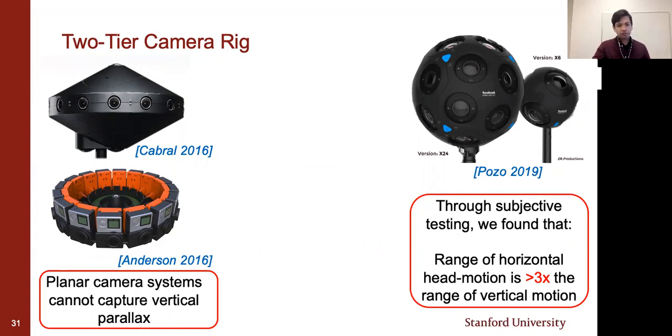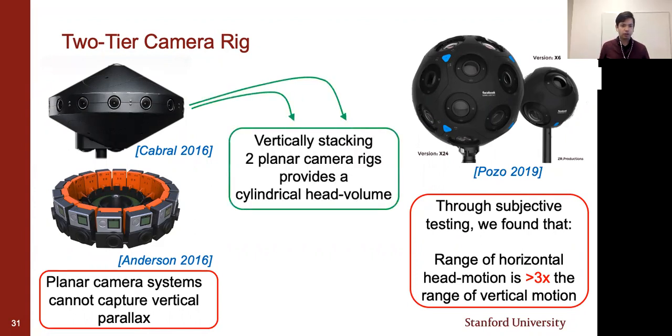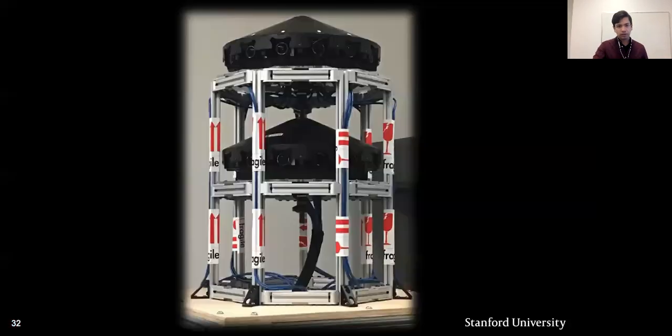We can easily get a cylindrical head volume by simply stacking two of these cameras on top of each other. And that's in fact exactly what we do. Here's a picture of the camera system that I built. The cameras at the top and the bottom are first generation Facebook Surround 360 cameras that have been partially deconstructed.